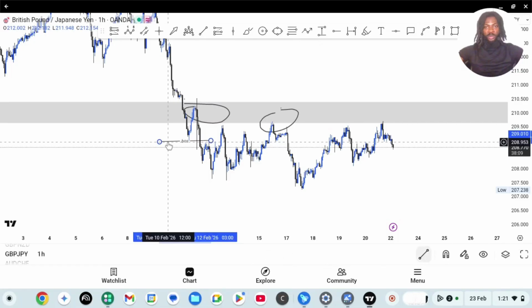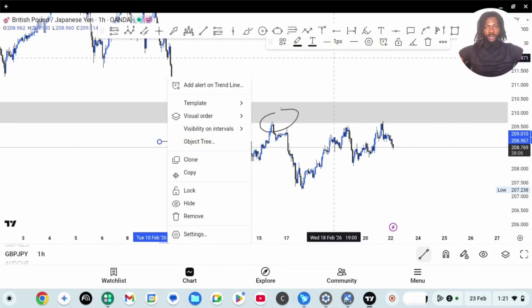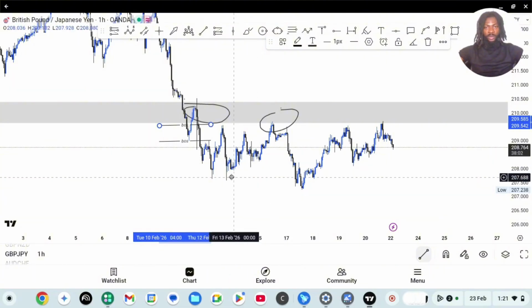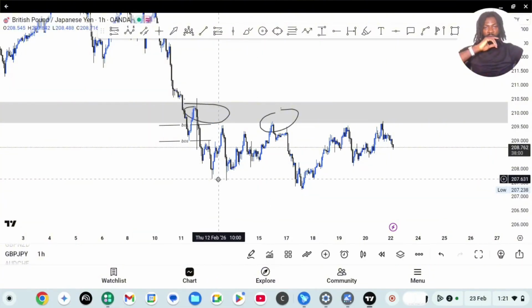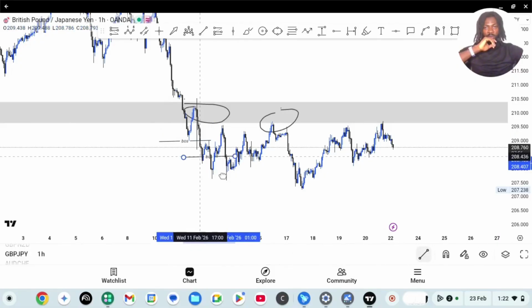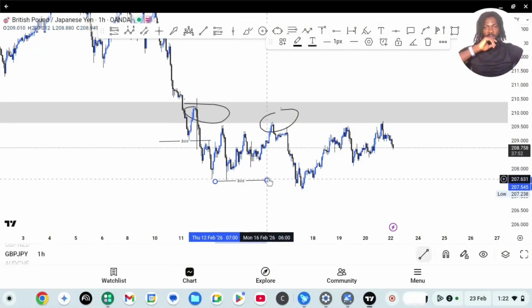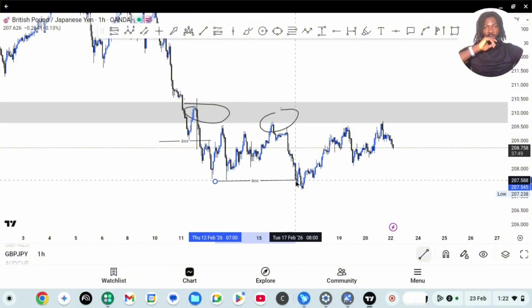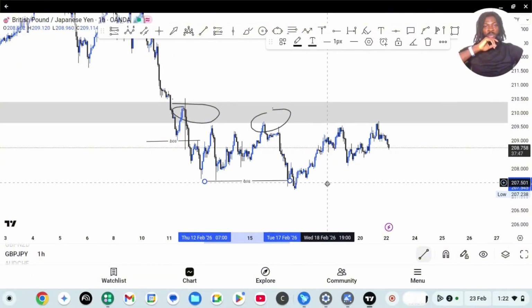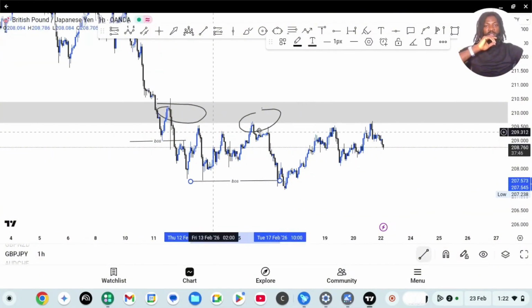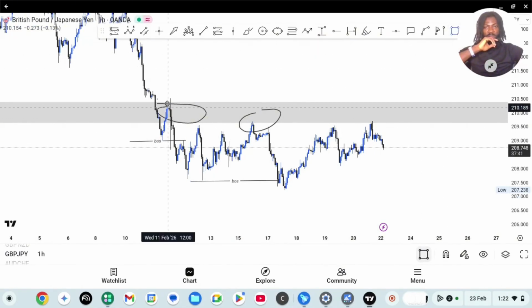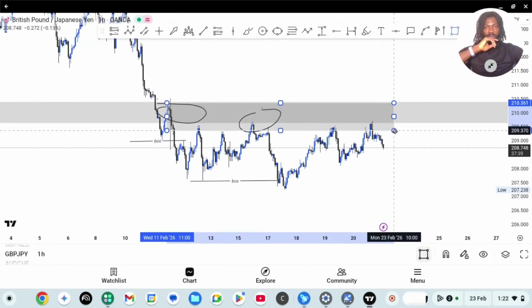Okay. See, we also have a break of structure here. All right, it's giving us a series of break of structure, and we are in our resistance level. Okay, as you can see, we are in our resistance level.